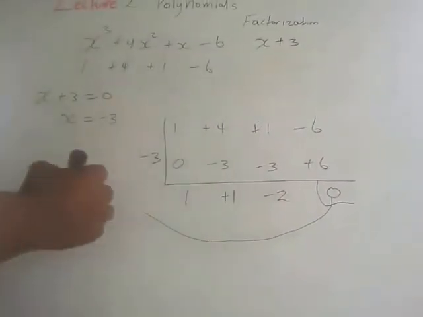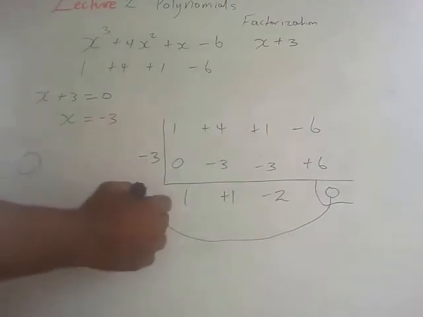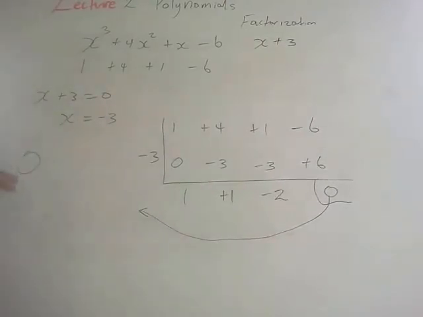Now we have 0. Let us bring this 0 over here. So we have 0 as the remainder. This 0 remainder means that x plus 3 is a factor of x cubed plus 4x squared plus x minus 6.